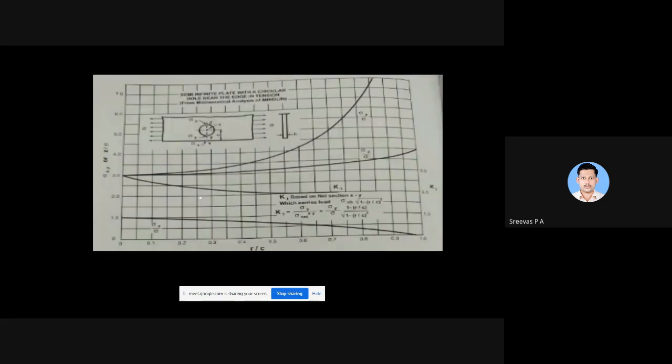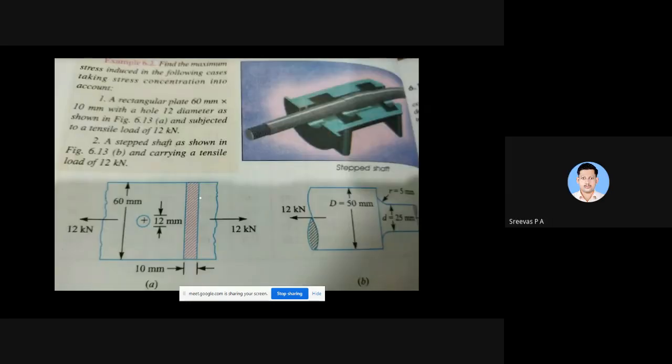Clear? We will do a problem for this. Yes, sir. Okay. Let me show you one question. So you consider this question. Find the maximum stress induced in the following cases, taking stress concentration into account.